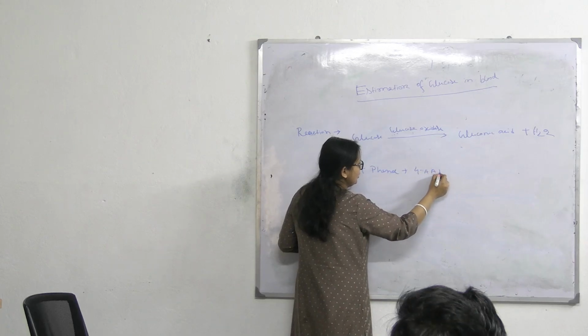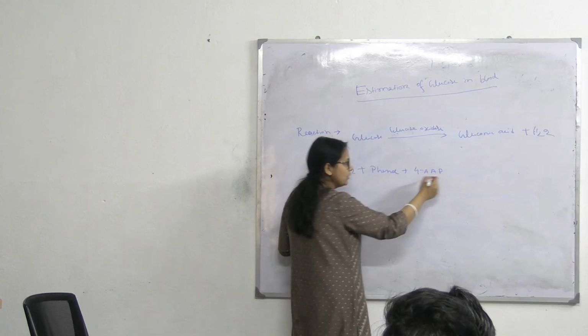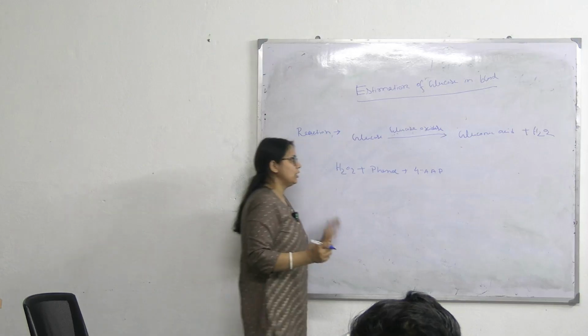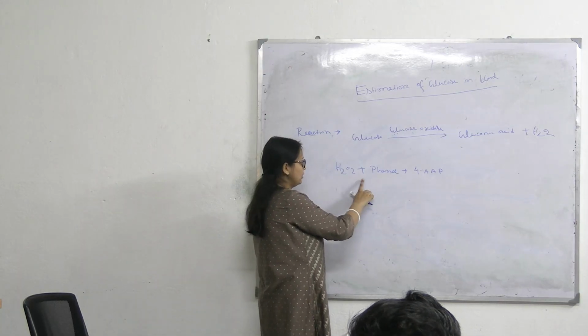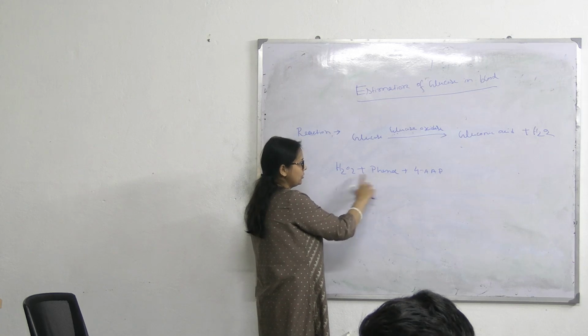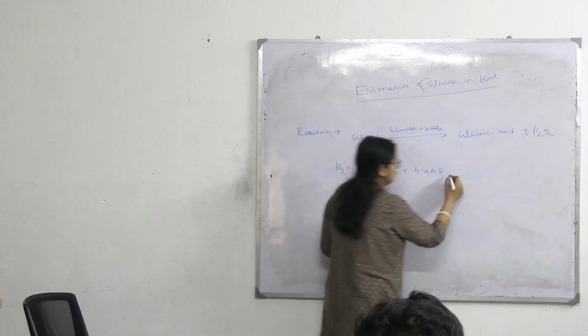4-amino antipyrine. I am writing in abbreviation form, but in your practical copy you must write the full form. Hydrogen peroxide plus phenol plus 4-amino antipyrine.